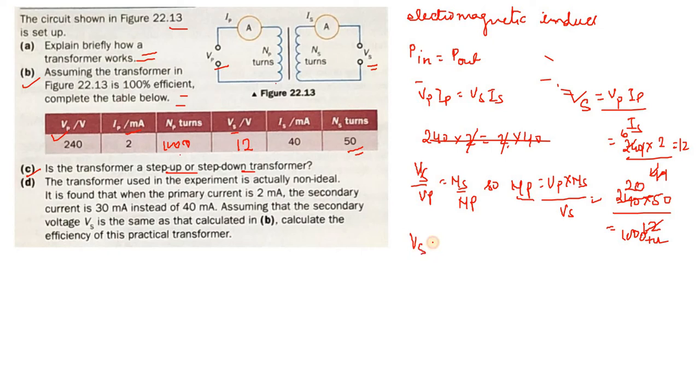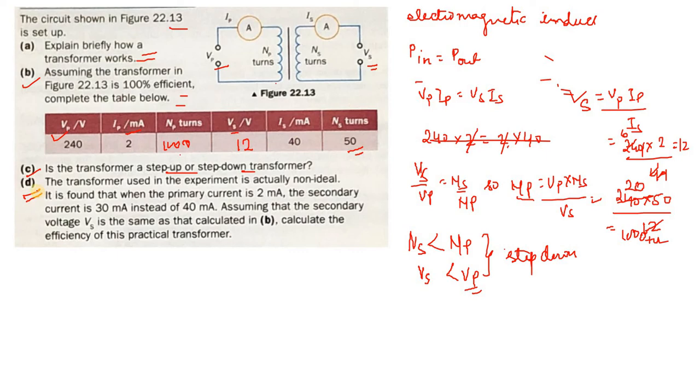Since here Ns is less than Np and also Vs is less than Vp, we are decreasing the output. It means it will be a step down transformer. Is it clear how to figure this out? Now can you try to solve question D?